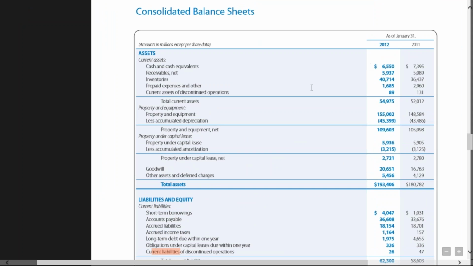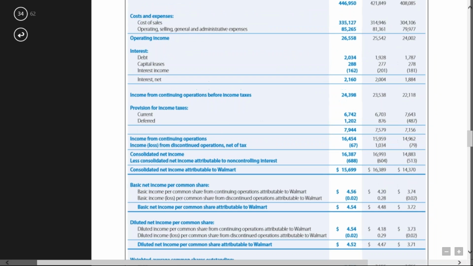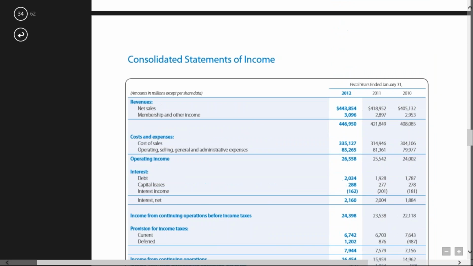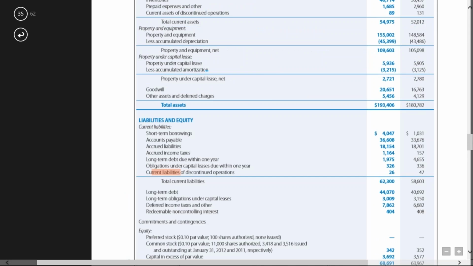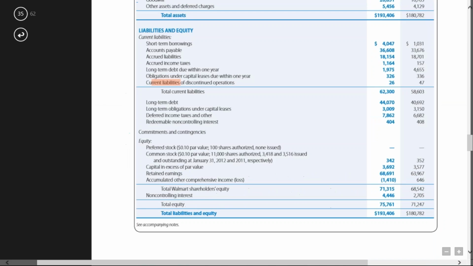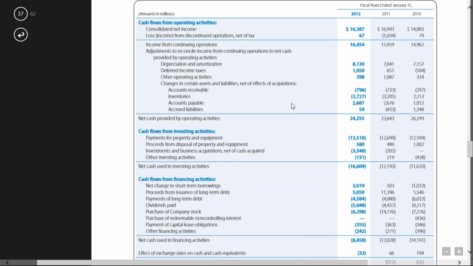Why can't you just go directly to the cash flow statement and take it from there? Because, and we'll talk about this once we're done with this part, if you've done this before, you will realize we've identified 6 line items, but in the cash flow statement there are only 4 line items here.